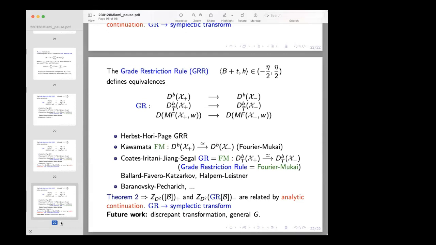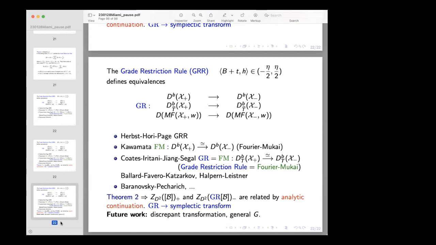We have related the central charge, which is a generating function of GLSM invariants, to the hemisphere partition function.